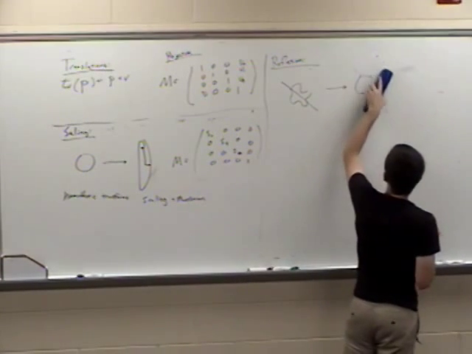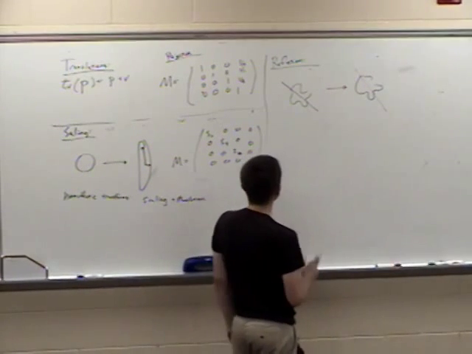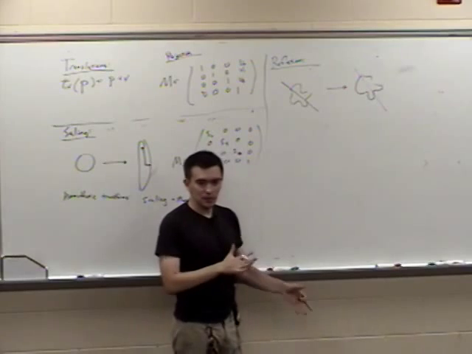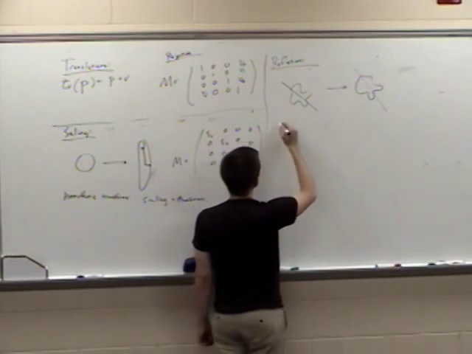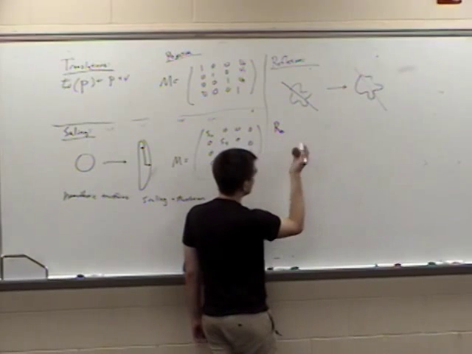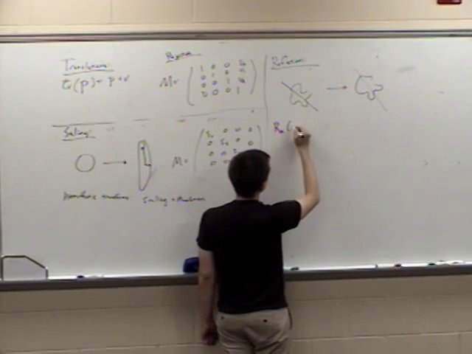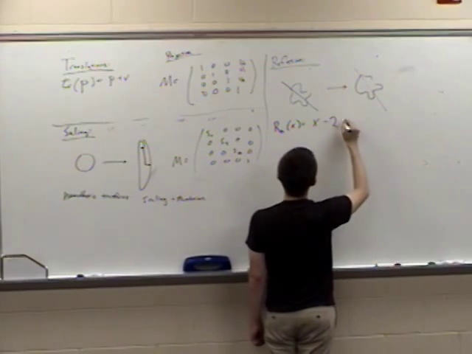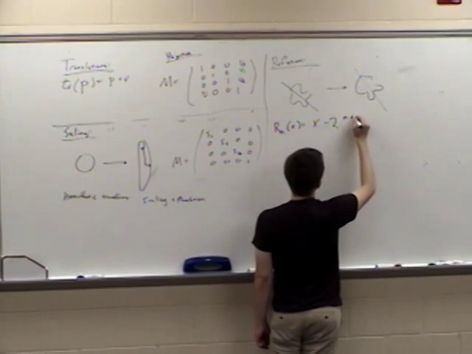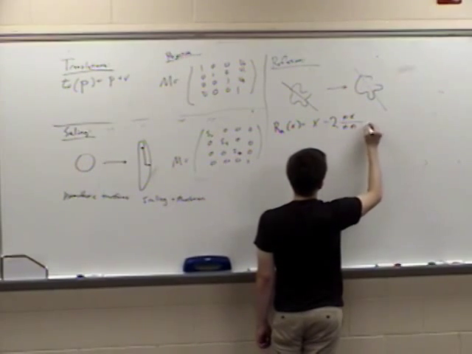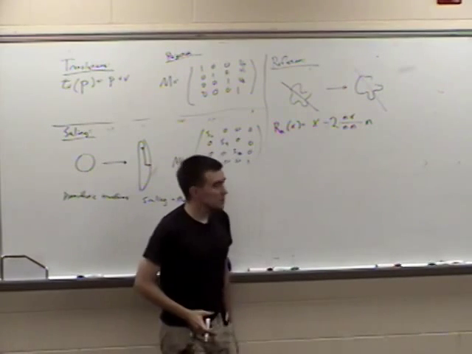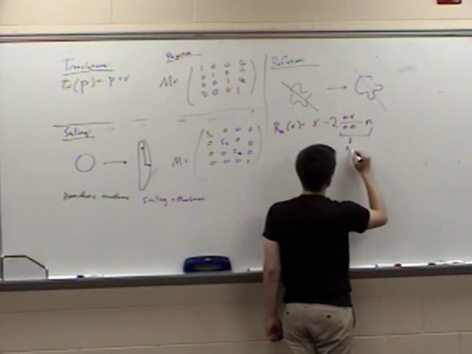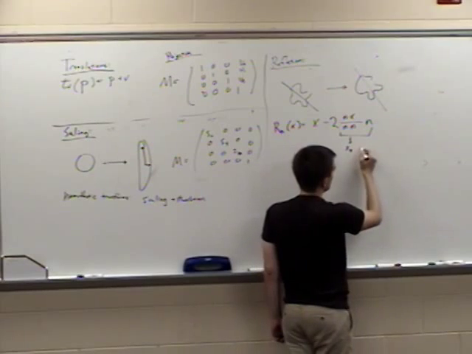Okay, but here's the formal way to think about what a reflection really does. It's related again to this idea of parallel and perpendicular components. If I want to do a reflection of a vector x about some axis n, then this is x minus 2 times n dot x divided by n dot n times n, because this here is basically just the parallel component of x in n.